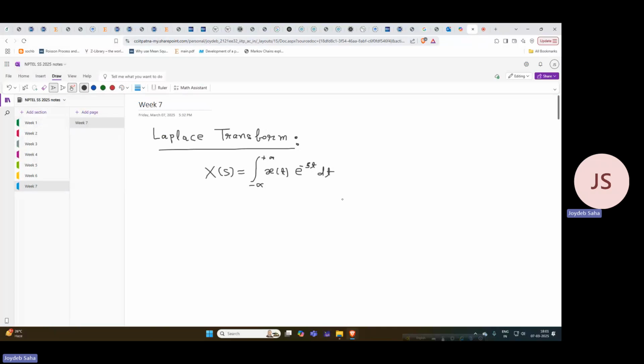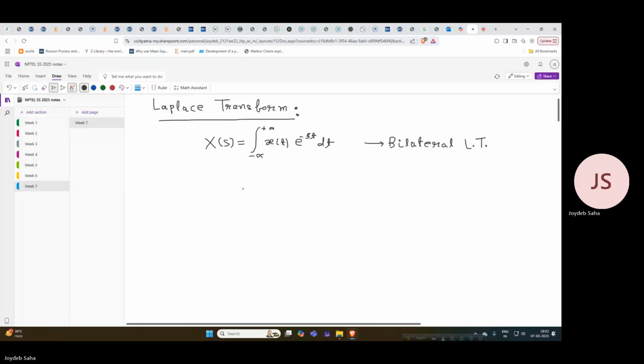This is the basic definition of Laplace transform. This is called bilateral Laplace transform.